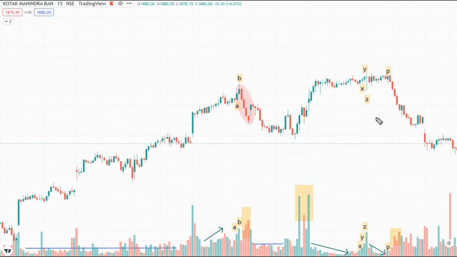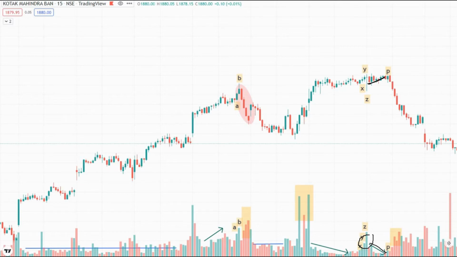Now again, after this huge volume activity, see the buying momentum and see the volume. Again volumes have decreased and the price activity is also contracting. There is not much buying pressure in the markets.